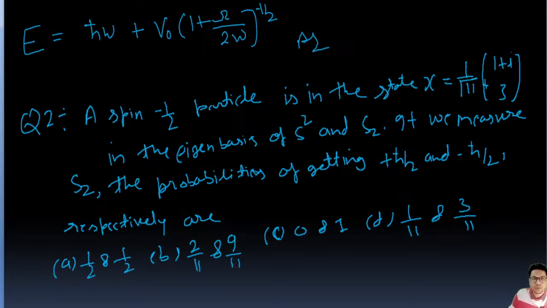So we have been given the state chi equal to 1 upon root 11, (1 plus iota 3). Okay, so we need to find the probability of getting h cut by 2 or minus h cut by 2.